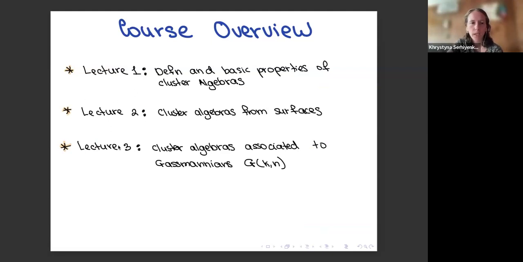Then in lectures 2 and 3, I'm going to focus on the particular types of cluster algebras that have been studied thoroughly in various contexts and have their own specific combinatorics happening. The first one's called cluster algebras from surfaces, and the other one's called cluster algebras coming from coordinate rings of the Grassmannian. So these are what's coming on Wednesday and Friday.